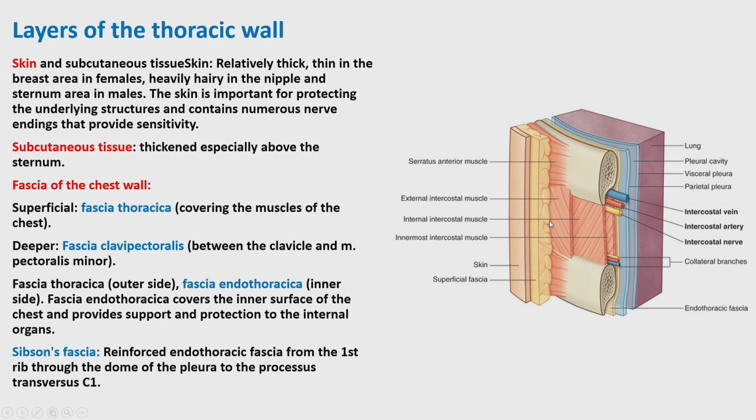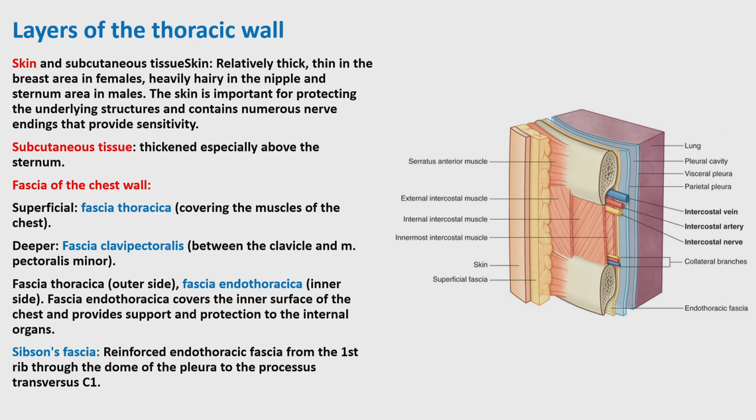In this area, in the female, you have the breast or the mammary region, in which the skin becomes very thin. And in the males, instead, it is heavily hairy in the nipple area and sternum area.